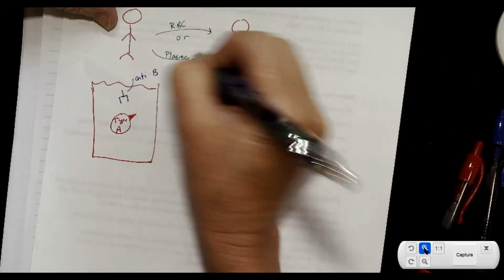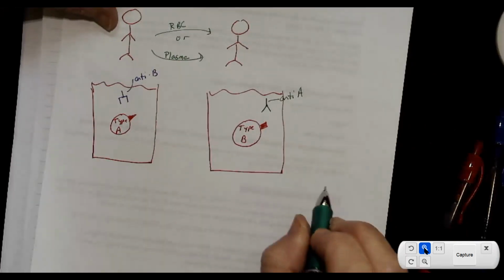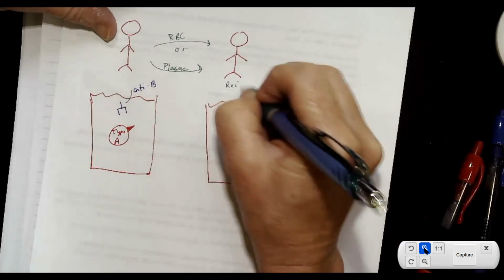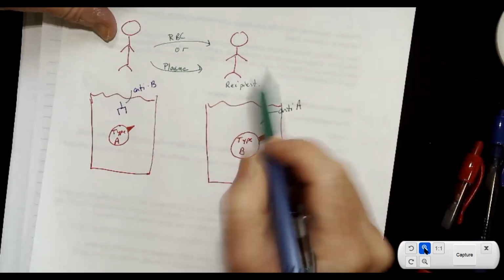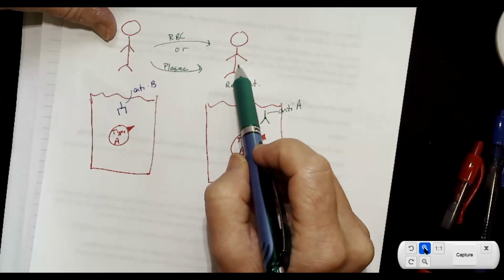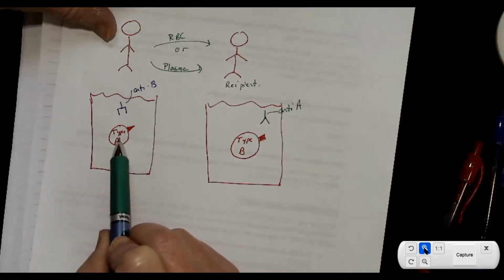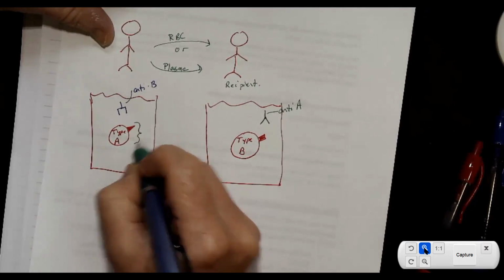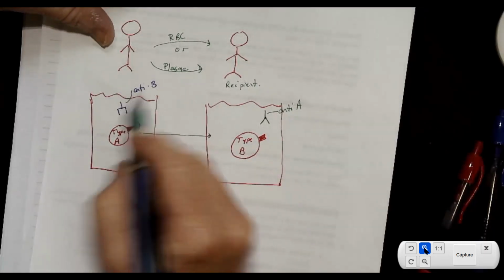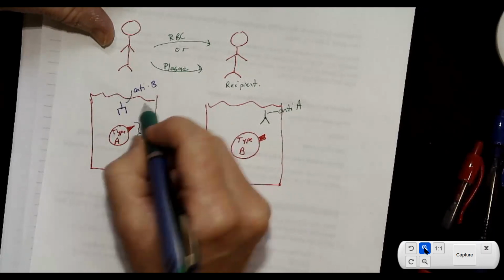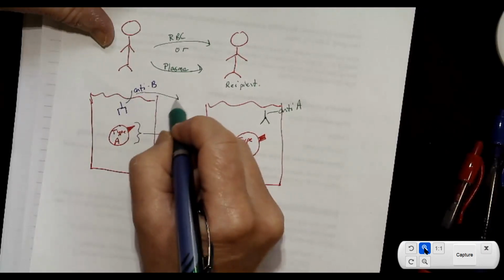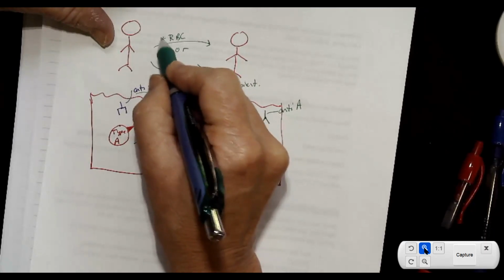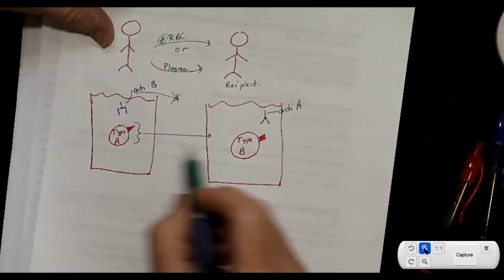depending on what the person needs. So if this is the recipient, they were in Iraq and they need red blood cells, could they take this person's red blood cells? Now remember, the plasma stays back, so the anti-B is not going. Right now we're just talking about the red blood cells. Are the red blood cells coming over?